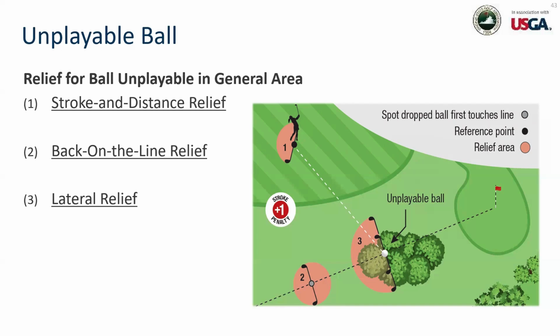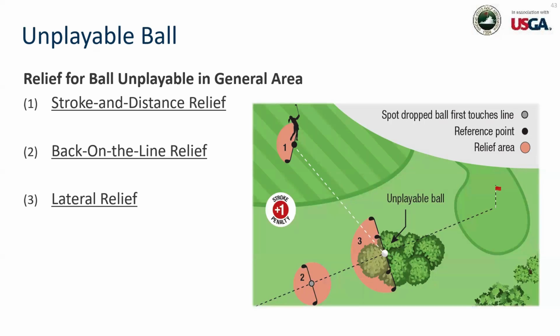And that is that the starting point for the relief to determine the reference point and the relief area for unplayable ball is where the ball lies itself. So that is why identifying your golf ball is the most important thing, and you have to be able to identify it in order to use this rule. If you're not able to identify your golf ball, this unplayable ball option is not available to you since it's the starting point for all relief procedures except for stroke and distance.